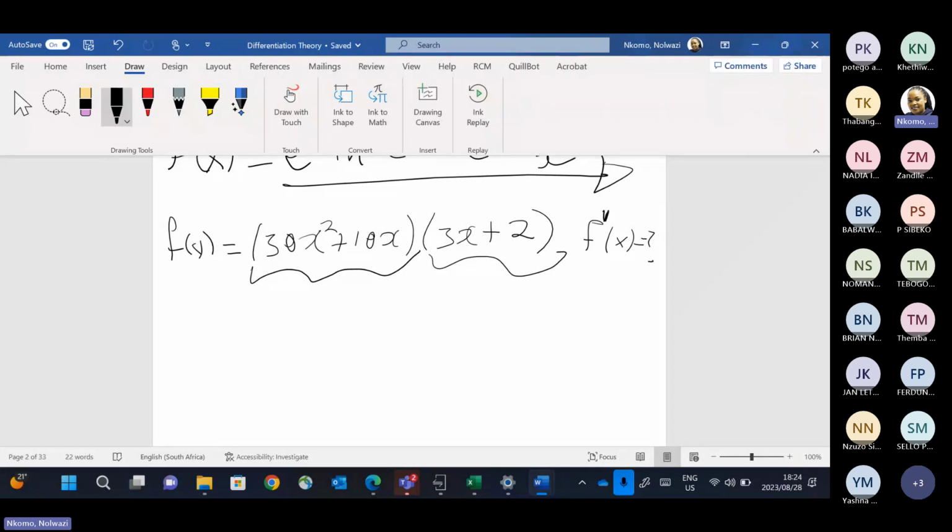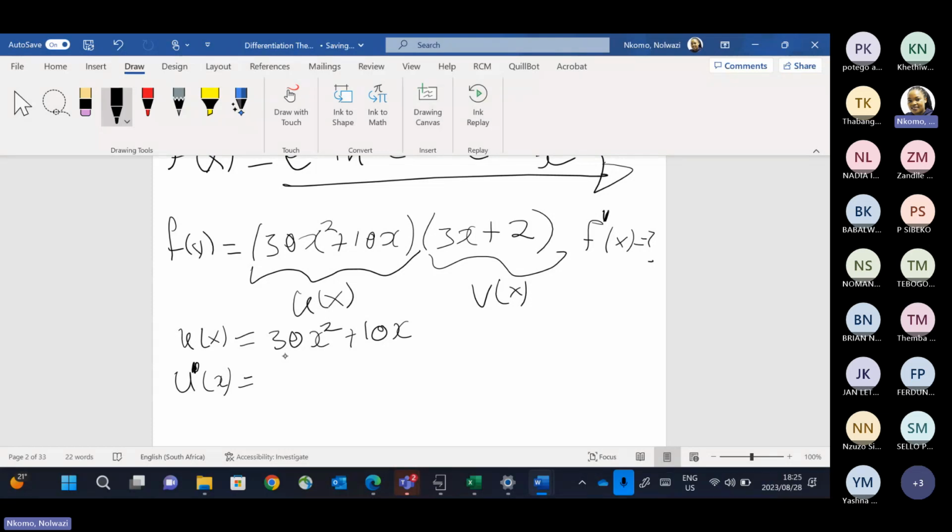I'll let this function be u at x and let this be v at x. Okay, if this function is u at x, so this means u at x is equal to 30x squared plus 10x. Okay, we need u prime at x from this function.